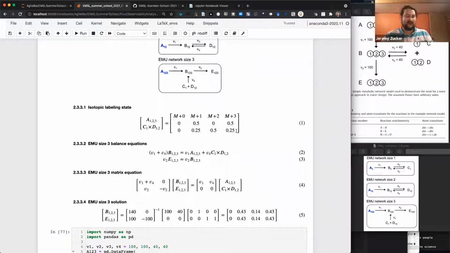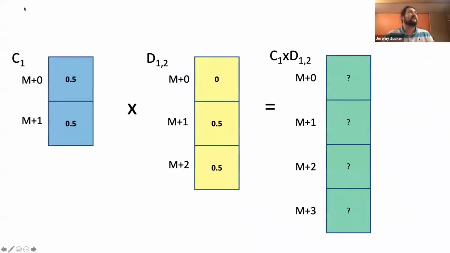And just to show how that actually works one more time, let me do this for C1 times D12. So there's C1, there's D12, and what we're going to make is C1 convolved with D12.